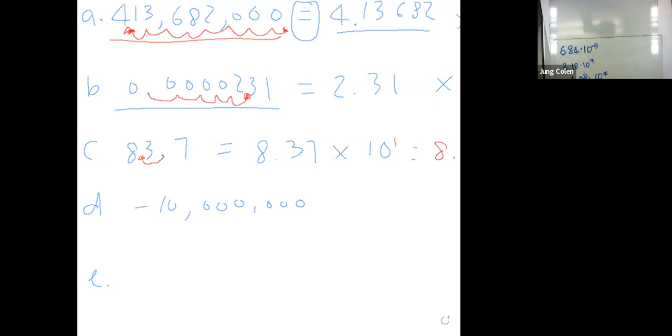How about this one? Negative 4.08 times 10 to the 4th power. Does this number go bigger in absolute value or smaller in absolute value? Technically, I say absolute value. So it's bigger, right? Disregarding the negative sign, we know it's negative.